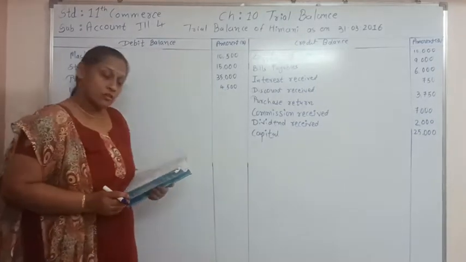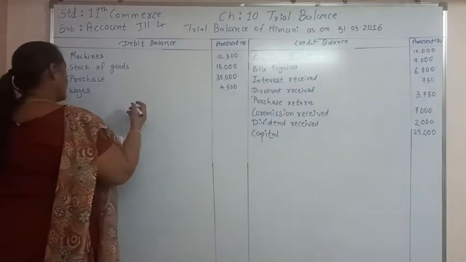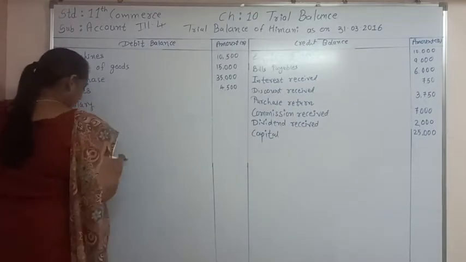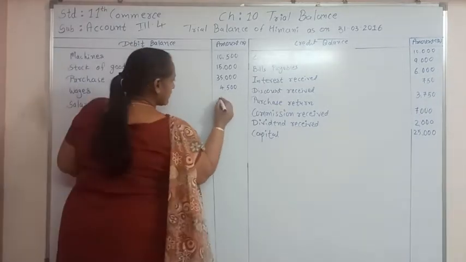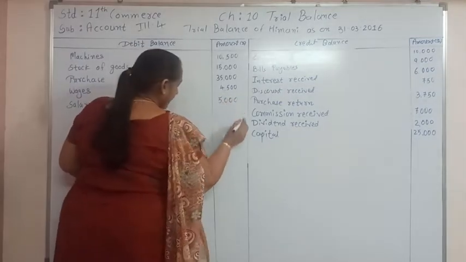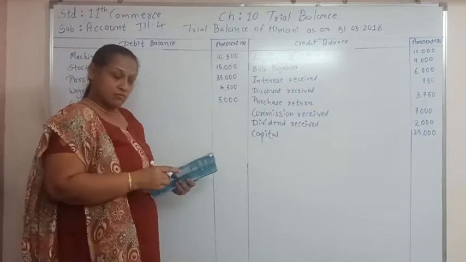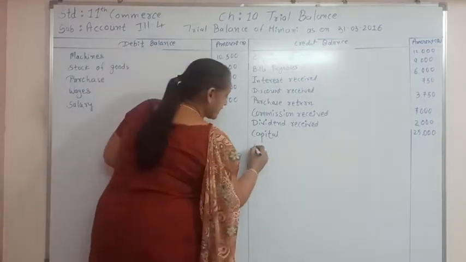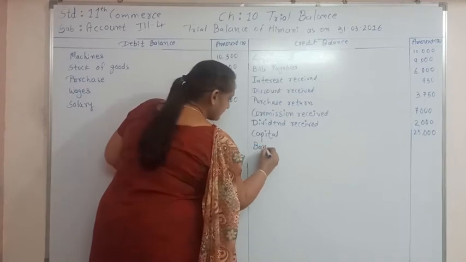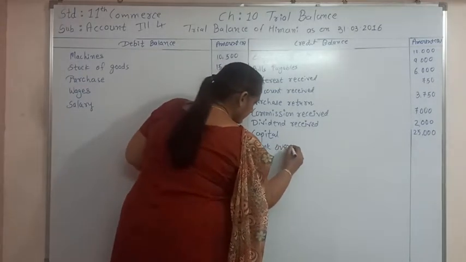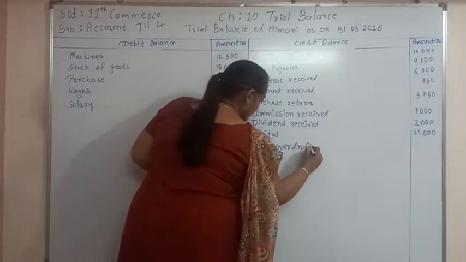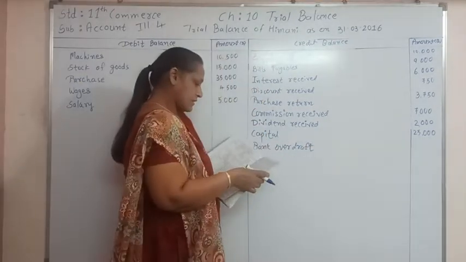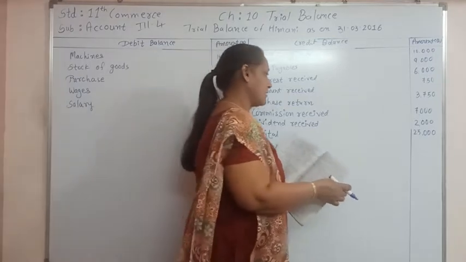So we will write salary on the debit side. And salary is rupees 5,000. After salary, another account is bank overdraft. That is our liability, and liability has credit balance. Bank overdraft of rupees 10,000.